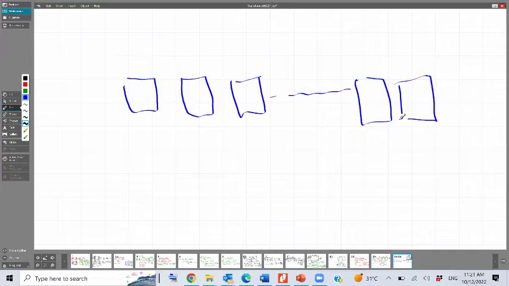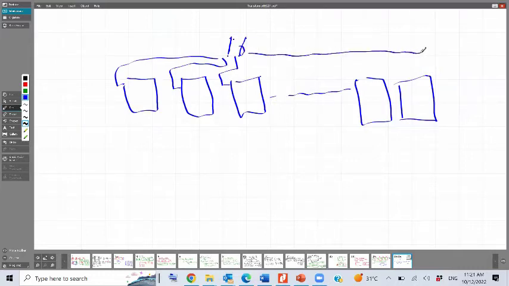Load means I have 16 input lines, separate input lines.